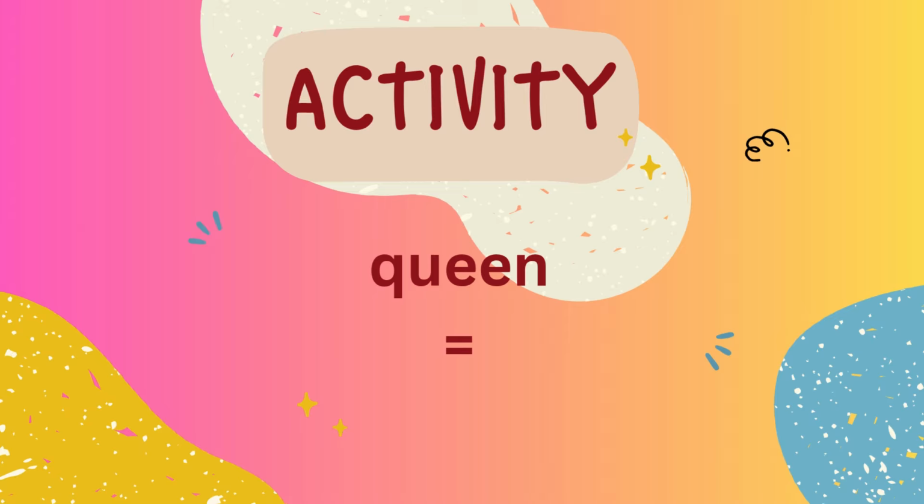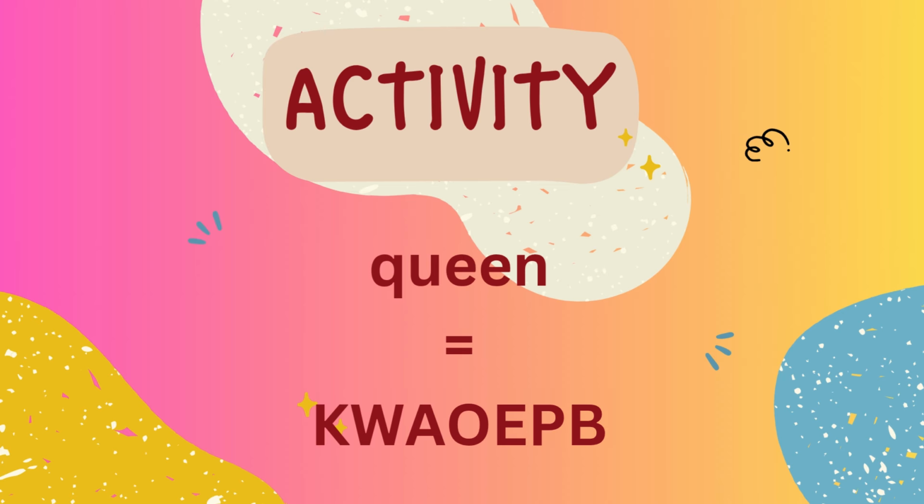So queen is initial what? Of course, that's initial Q. How about the rest of the strokes or the outline? In 3, 2, 1, 0. Here's the answer.